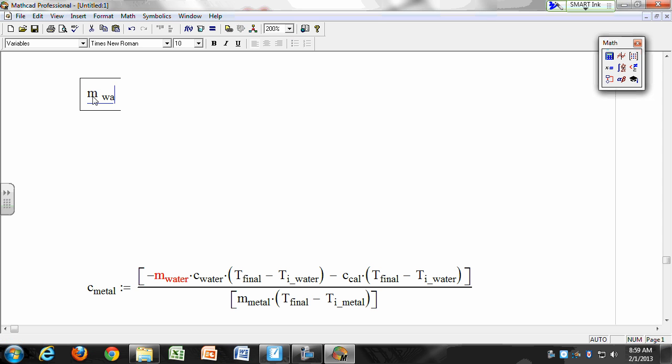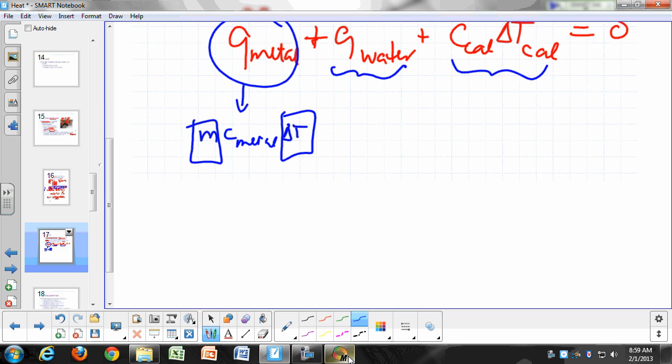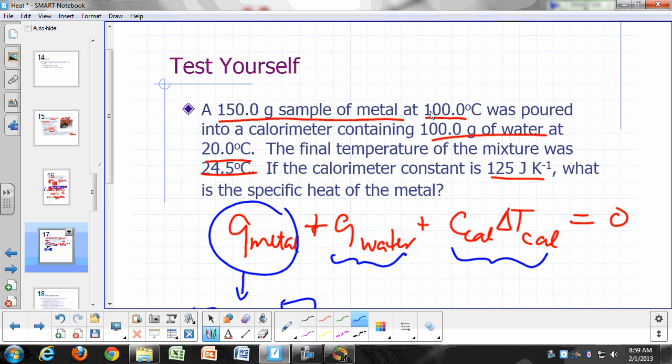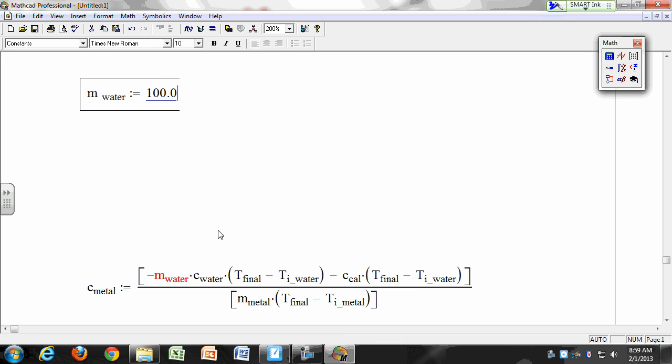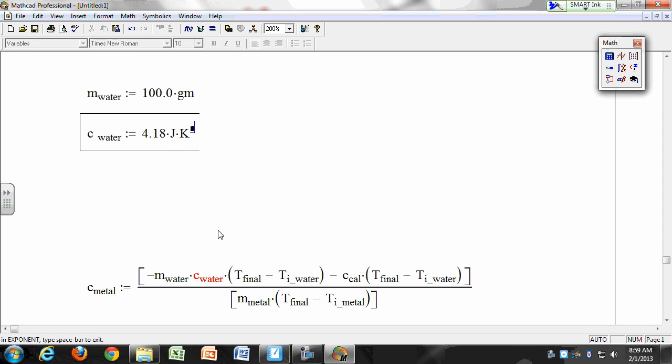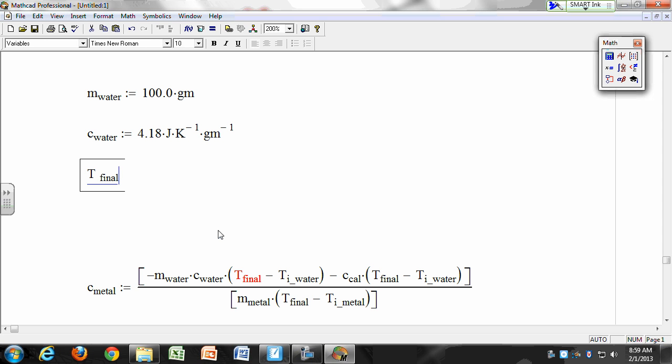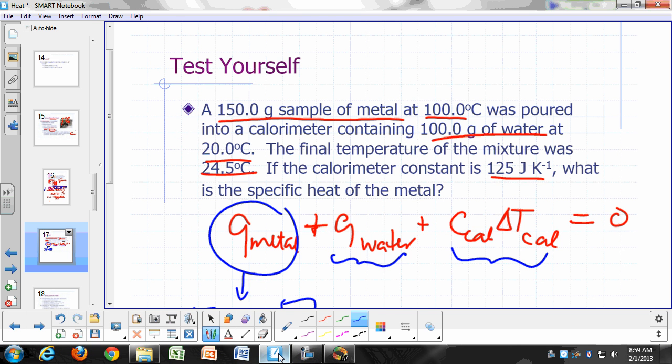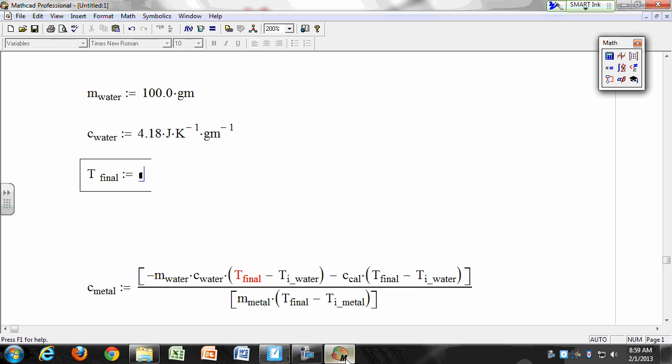So what's my mass of water? It's 100 grams. So 100.0 grams. What's heat capacity of water? 4.18 joules per Kelvin per gram. T final was, what's our T final? 24.5. So that's going to be 24.5 plus 273.15 Kelvin.